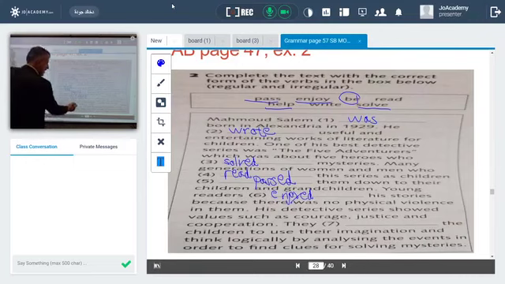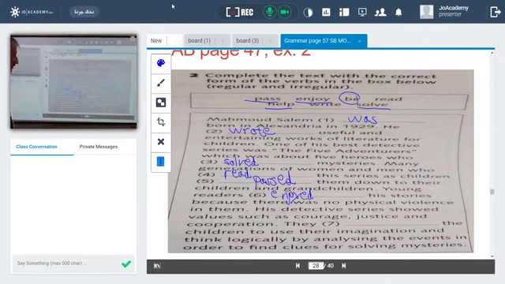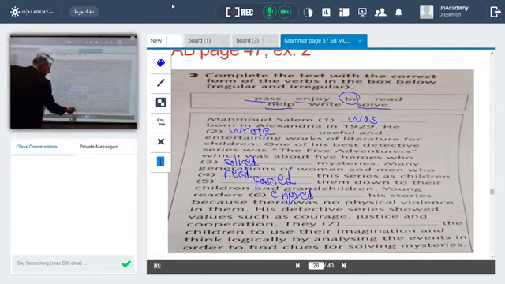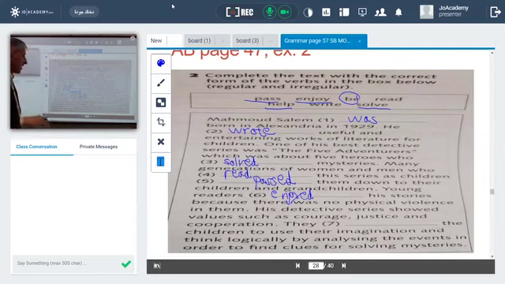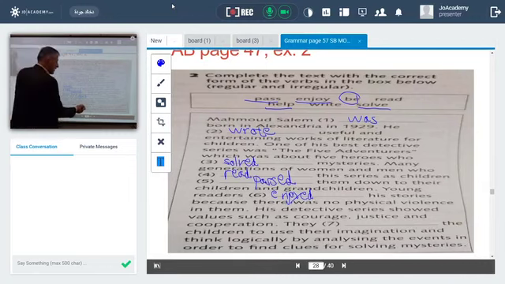They blank the children to use their imagination. And what's the meaning of imagination? Imagination, تخيل. Imagination means تخيل. Imagination and think logically. Logically بمنطق. أن يفكر بمنطق. Logically by analyzing the events in order to find clues for solving mysteries. Here we have only help.